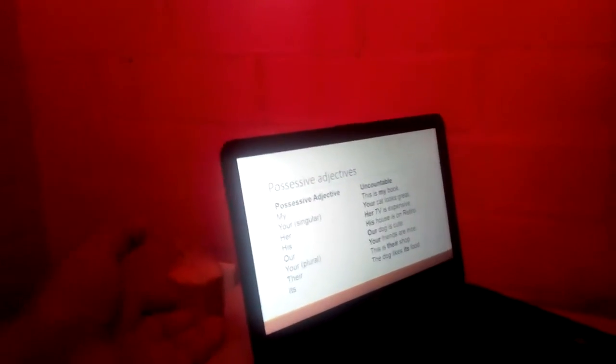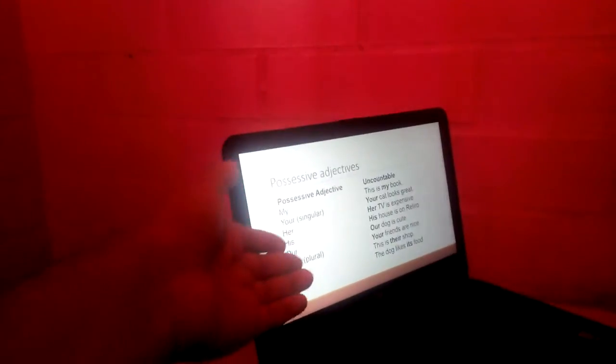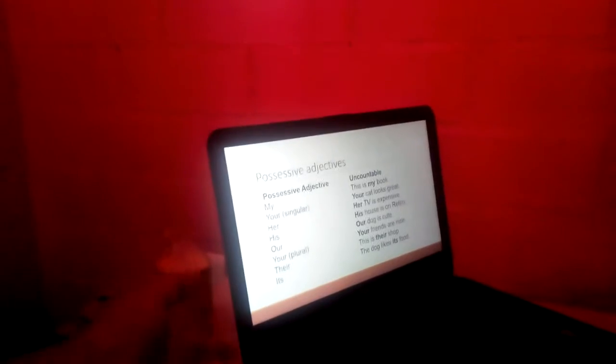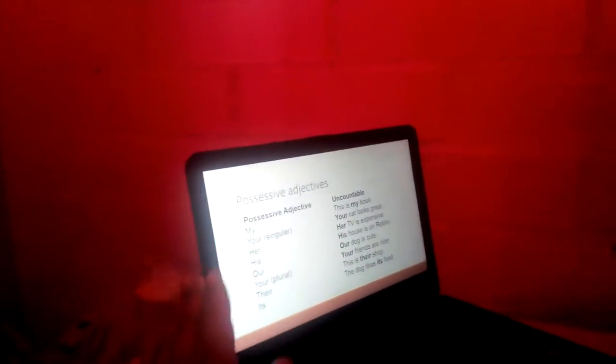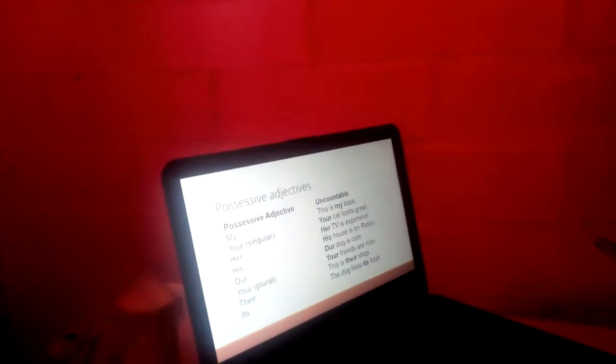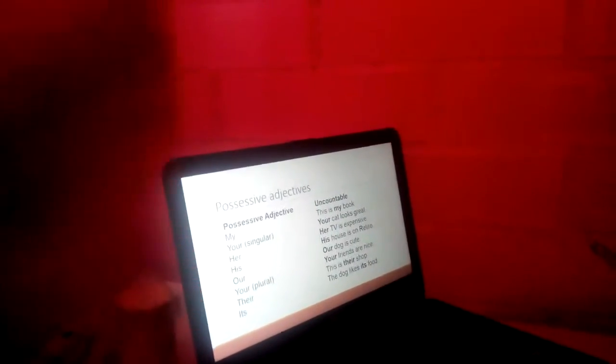We want you to take some time, look at the examples, and the examples will tell you how to use them. Today we'll only work with the most basic sentence structure with possessives. So don't worry about all of them, but they will give you an idea of how to use them.